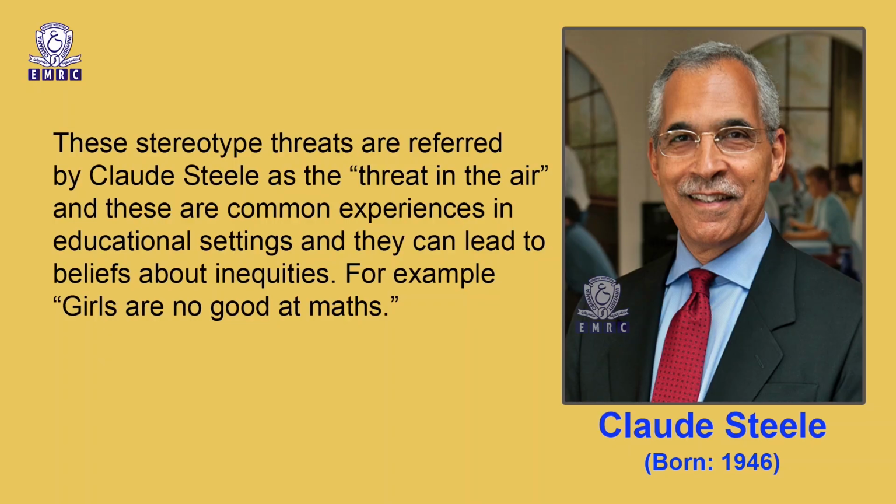You might have seen certain stereotypes, like children from so and so socio-economic section may not be able to perform well. These stereotype threats are referred to by Claude Steele as threat in the air, and these are common experiences in educational settings and they can lead to beliefs about inequalities. For example, girls are not good at maths.